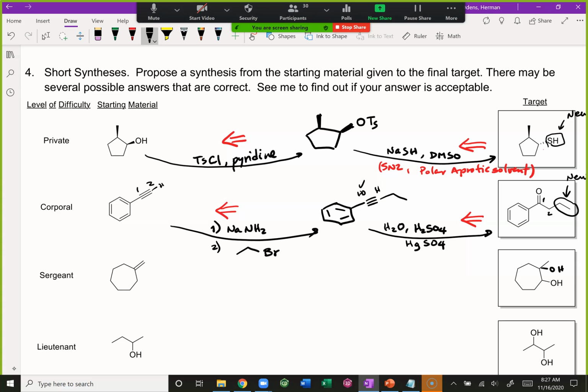You just add water and sulfuric acid, you do a hydrolysis. But it's not that simple. So basically you had to go from a double bond here to a double bond here, and then insert the OH group.